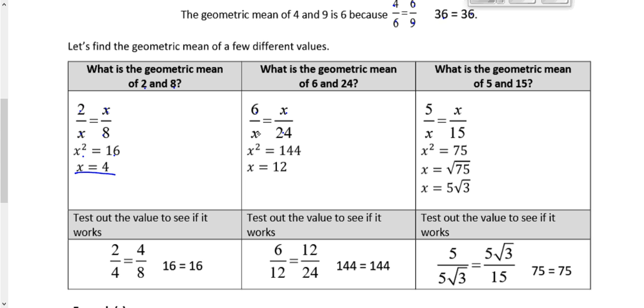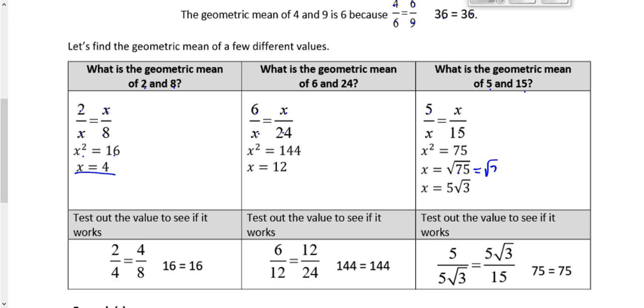Over here now, we have to think about simplest radical form. Most of these you're not going to be allowed to use a decimal answer; you won't get credit for it. So the geometric mean between 5 and 15: x squared equals 75, so x equals the square root of 75. What's the biggest perfect square factor of 75? 5 is not a perfect square.